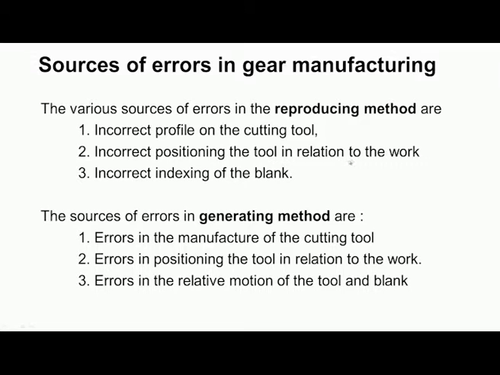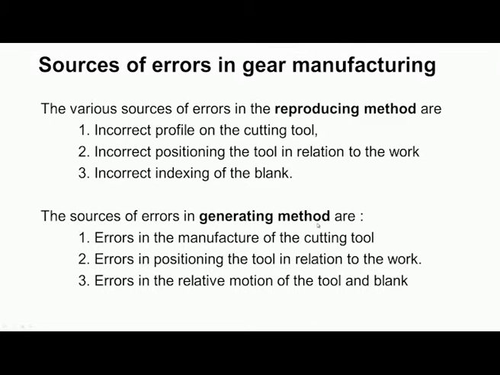Incorrect positioning of the tool in relation to the work, that means the proper angles, proper orientations, proper depths are not given during the machining operation, and incorrect indexing of the blank. So, improper indexing arrangement also leads to error in the gear.